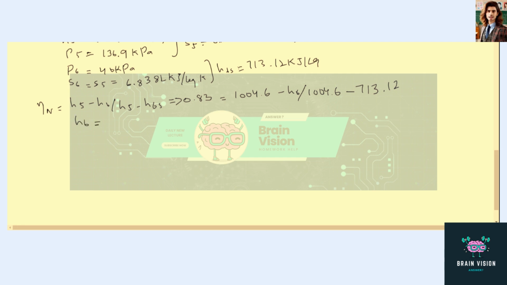So the value of H6 will be 762.68 kilojoule per kg.